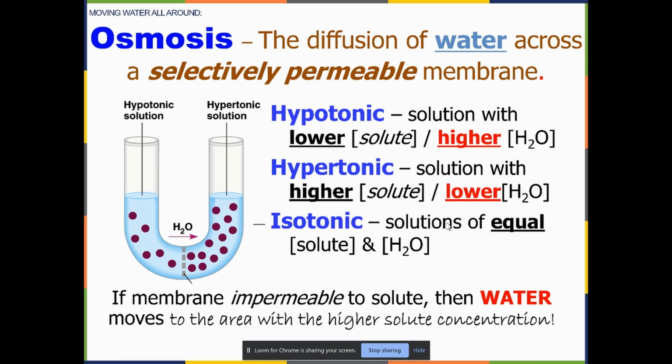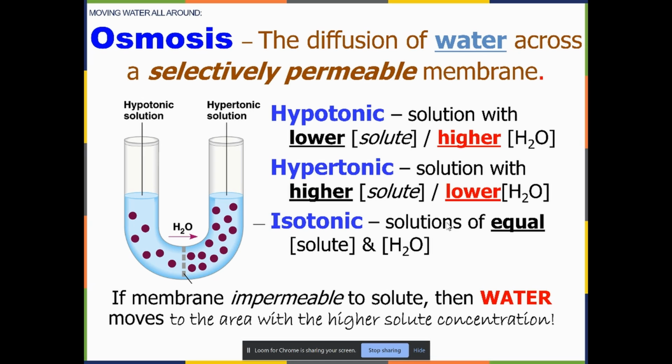So here are those terms again we've been talking about: hypotonic, hypertonic, and isotonic. And the definitions I gave you are listed out. When we're using these terms that are telling us about osmolarity, we have to be comparing two solutions, like solution A and B, or left and right, for the U-shaped test tube. The hypotonic solution has less solute than water compared to the solution on the right, whereas the hypertonic solution has more solute and less water compared to the solution on the left.